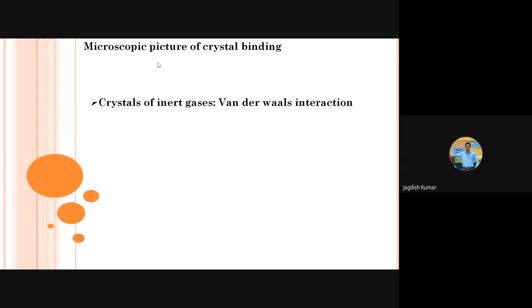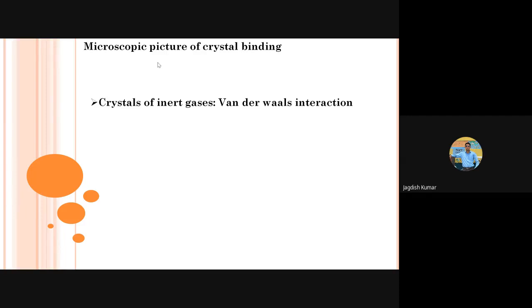That is what is called a covalent bond. But in noble gases, that tendency is completely not there, since they already have a completely filled outermost shell.